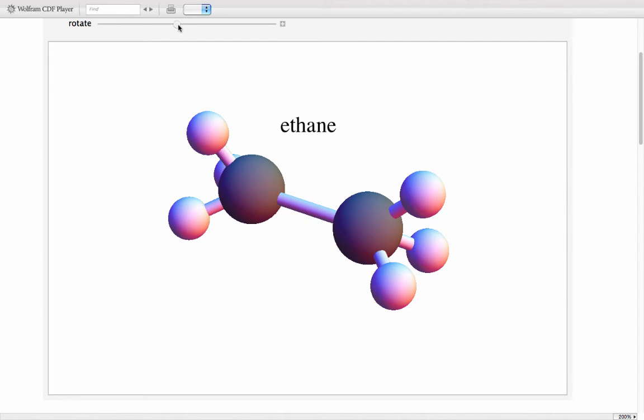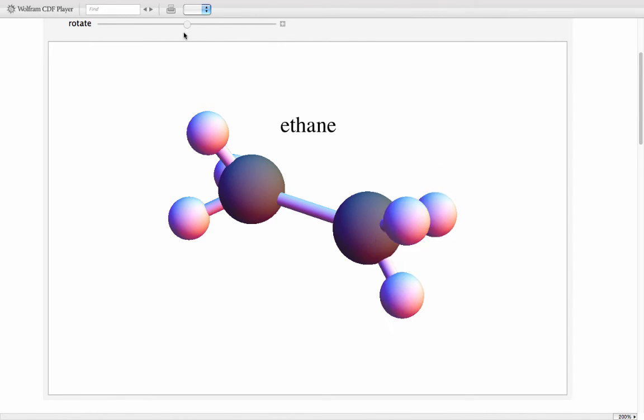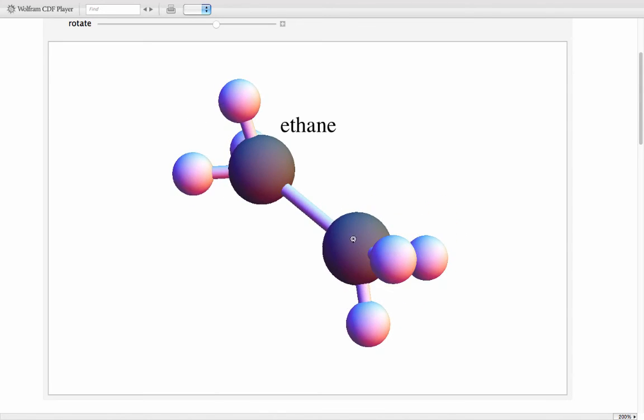What is shown here is supposed to be an ethane molecule. This little applet allows you to see what happens when you rotate around this carbon-carbon bond. So this is ethane: carbon-carbon, 3 hydrogens, 3 more hydrogens. As we rotate around the carbon-carbon bond, the hydrogens attached to the carbon rotate relative to one another. And so this is a configuration.